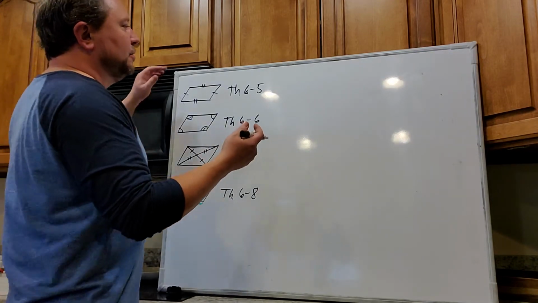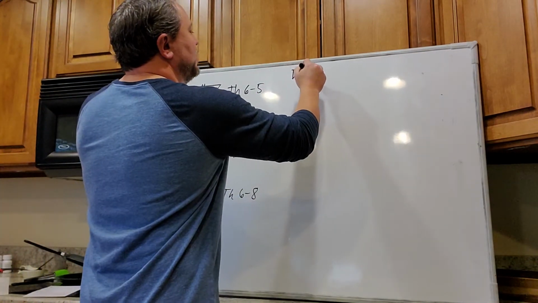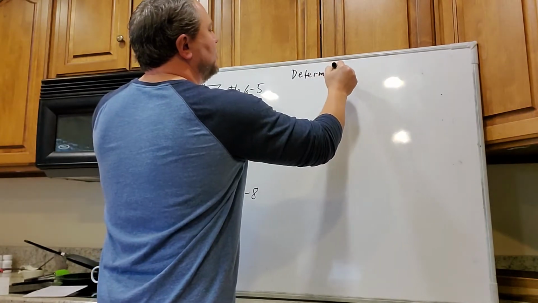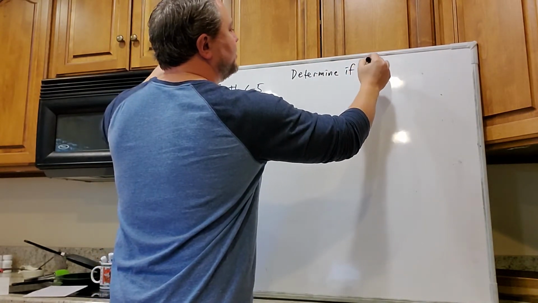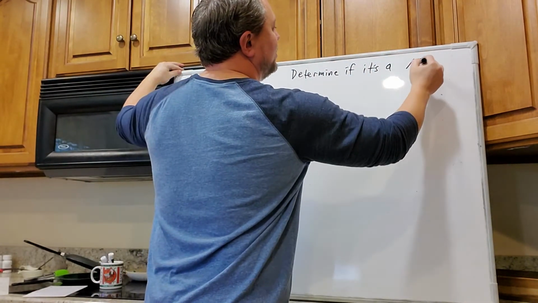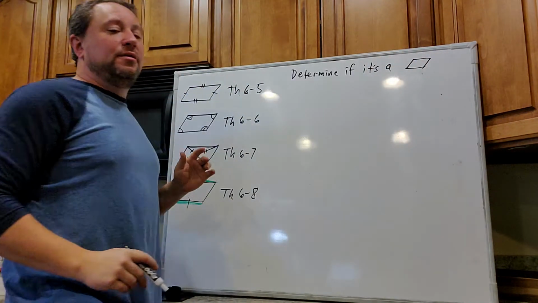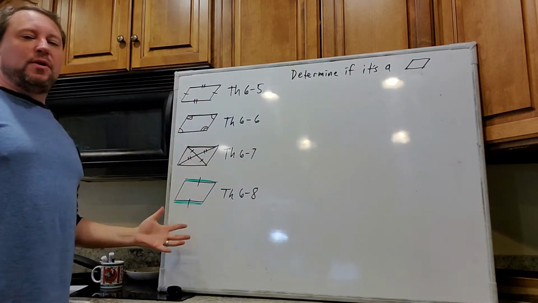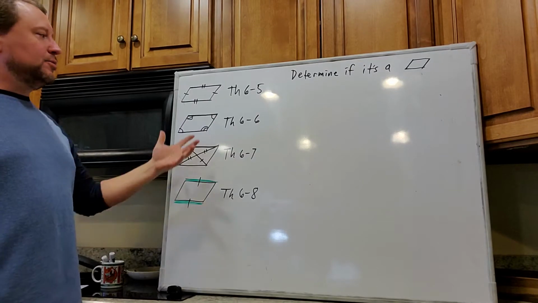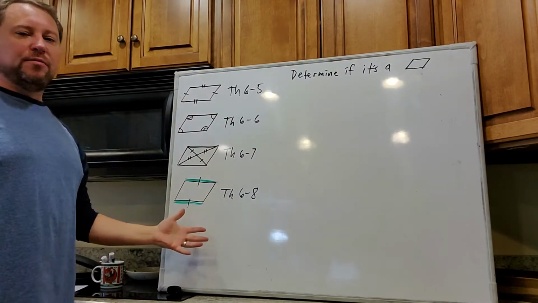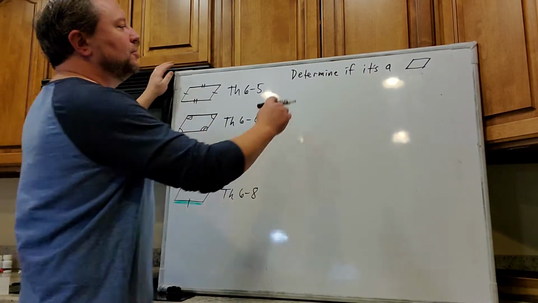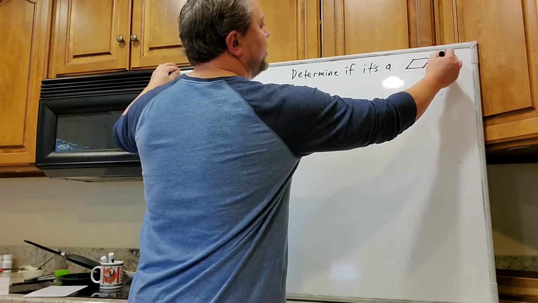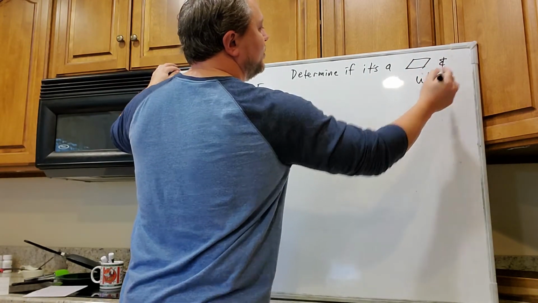And again, we're determining if it's a parallelogram, and I want you to be able to justify why. So in this section, you should be able to use one of our 4 theorems here to prove why. So determine if it's a parallelogram and why.